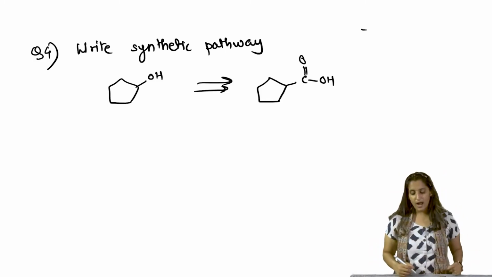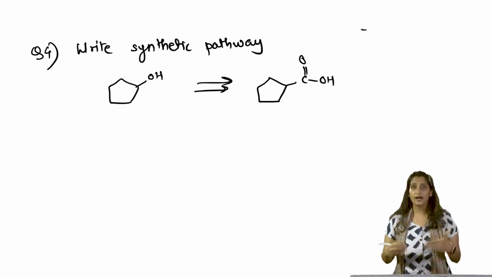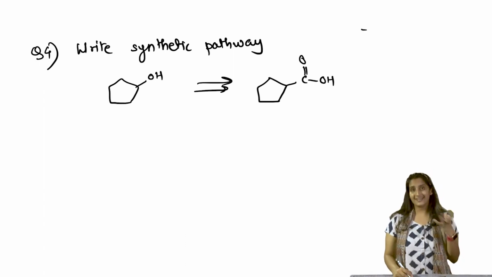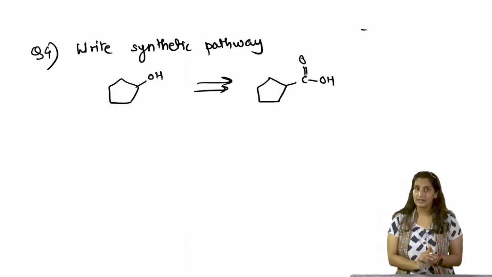Now, in order to add a carboxylic acid and also add a carbon functionality, we know one reaction that works, which is reacting a Grignard and carbon dioxide, right.